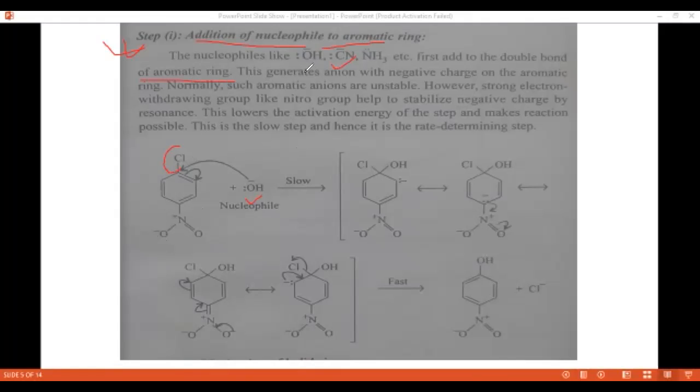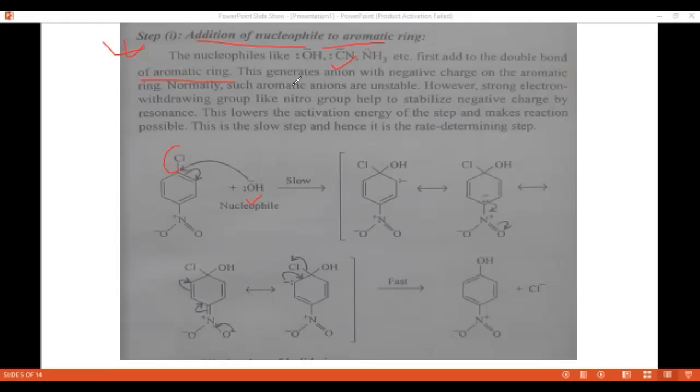An addition reaction means addition of the reagent across a double or triple bond, so here the nucleophile adds across the carbon-carbon double bond of the aromatic ring.